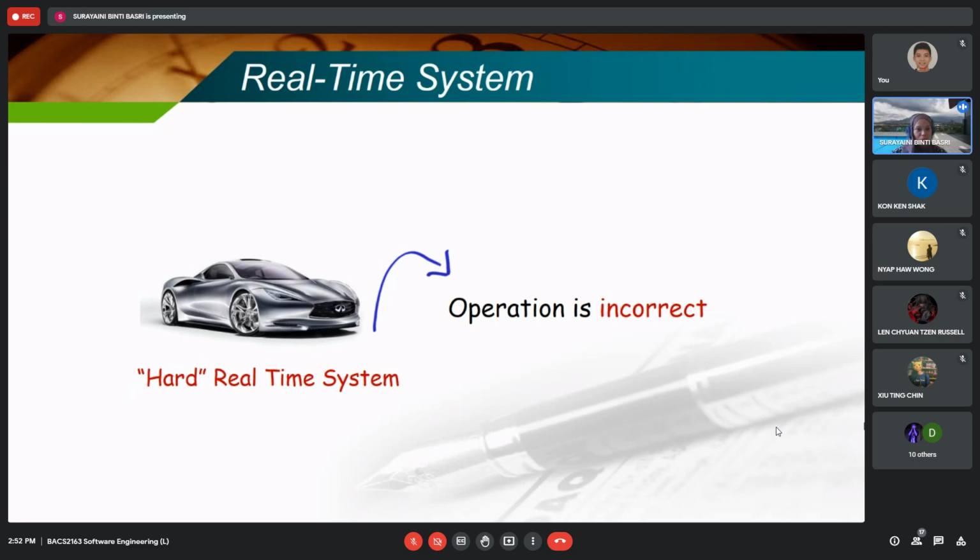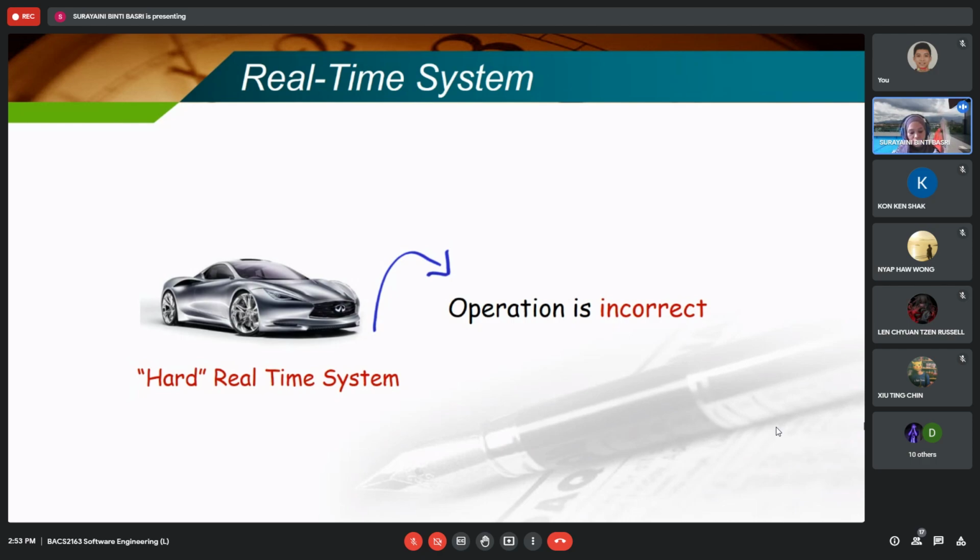It still can wait, there are some actions that can still be offered by the system, but maybe your life is reduced. Your game is not terminated immediately. So that is the example of a soft real-time system.